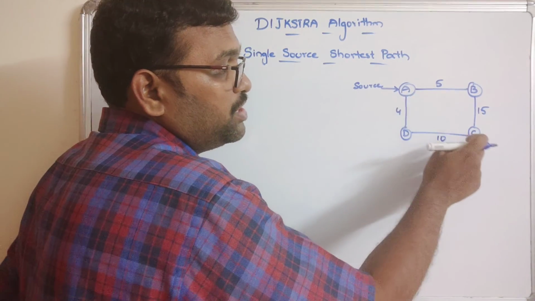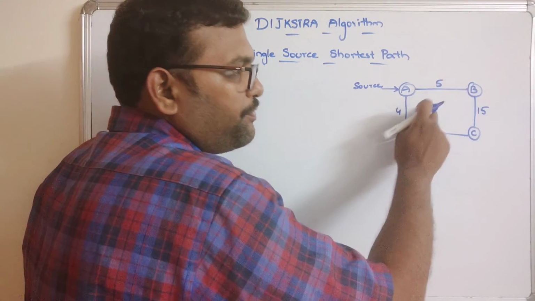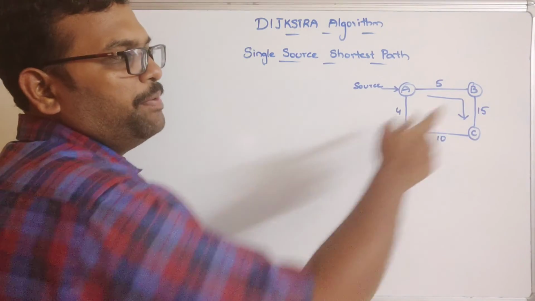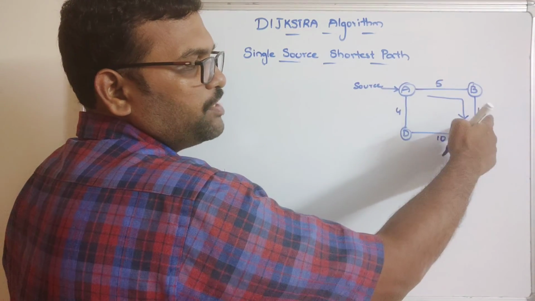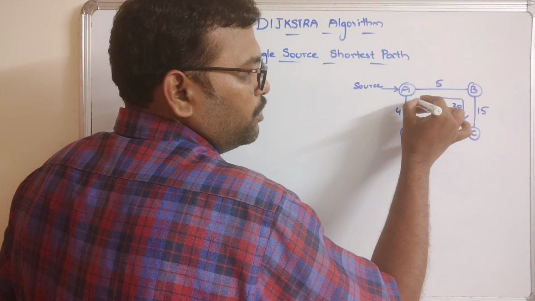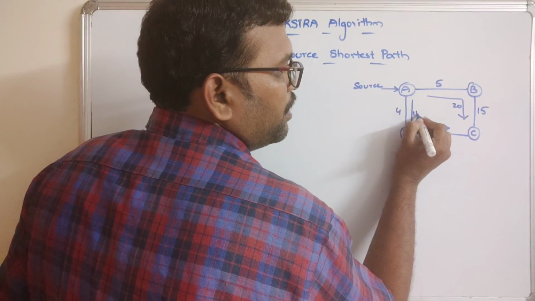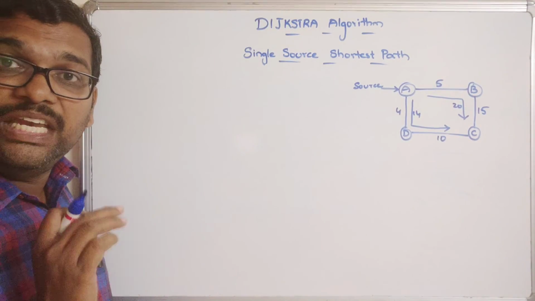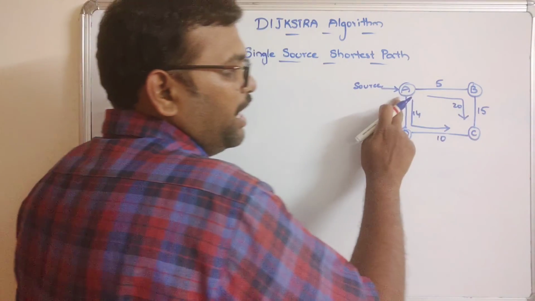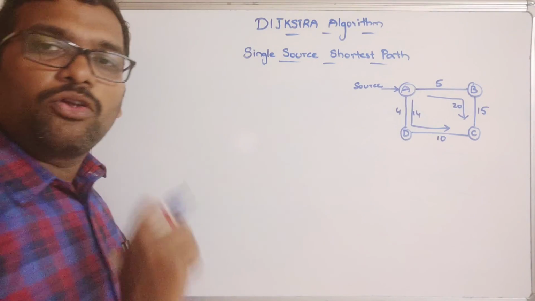A to C can be done through D or through B. If A to C goes via B, the cost will be 5 plus 15, total 20. And if you use the path through D, it will be 14. So which will be the minimal shortest path? In order to reach C, A can travel through D, which gives the minimal cost.